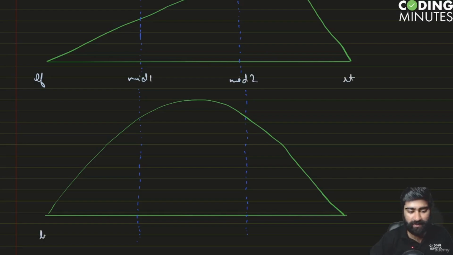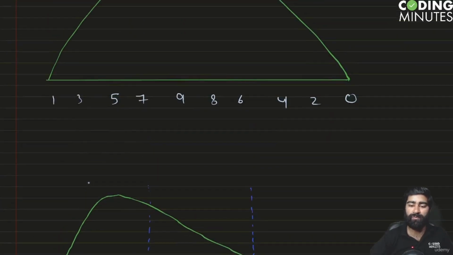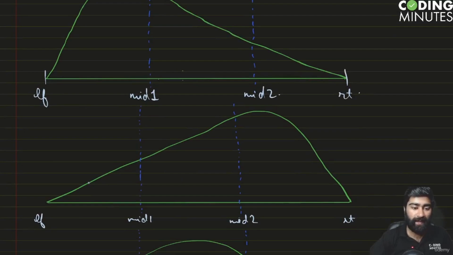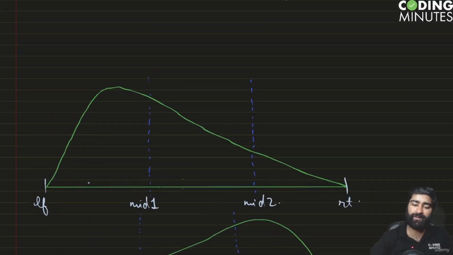Similarly for this one: left, mid 1, mid 2, and right. I hope this makes sense. Now let's understand what mid 1 and mid 2 are. We have a range just like in binary search, and we are dividing it into three equal parts.